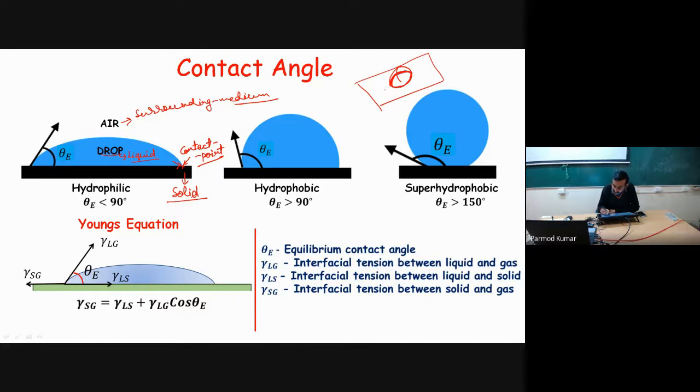So this particular line which connects all three phases is called the contact line for a real three-dimensional system. In two dimensions it appears as a point, and in three dimensions it will be a line. So the motion of this contact line is very, very important.